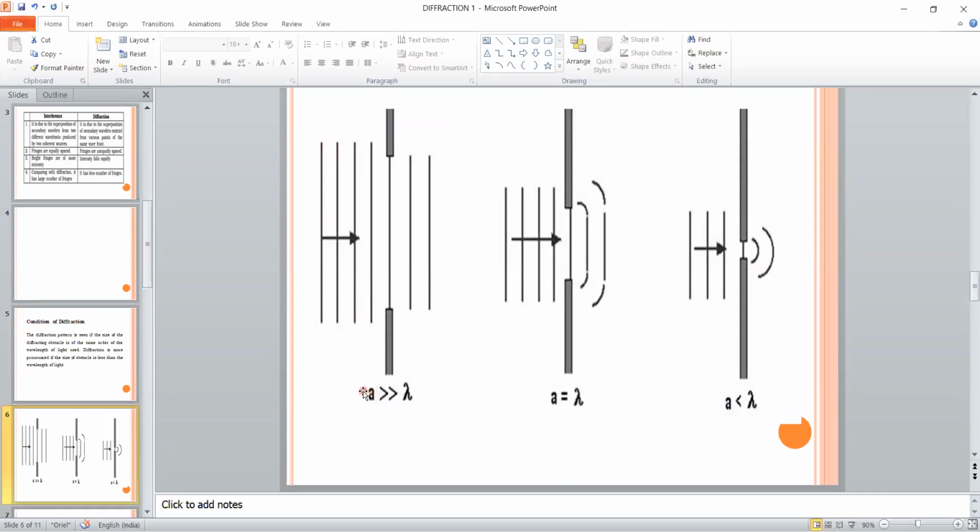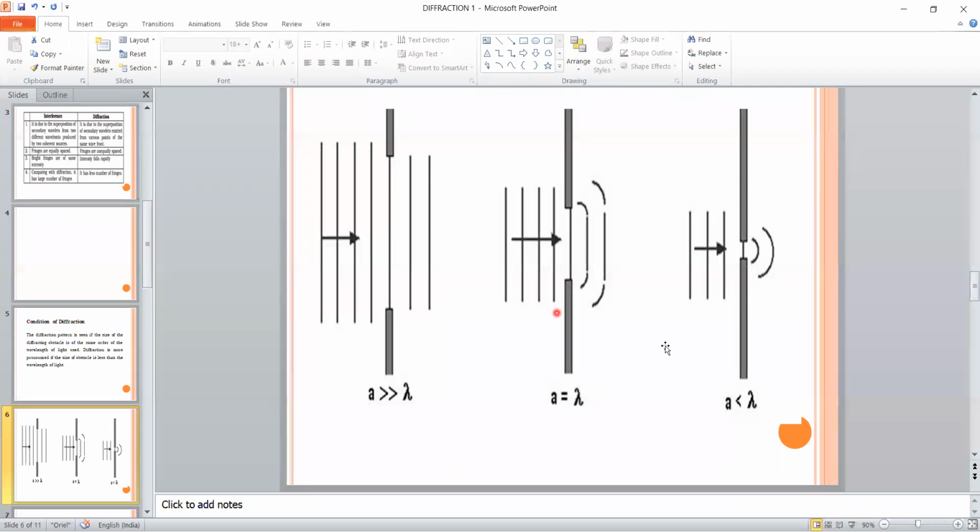So when the obstacle width A is much greater than the wavelength of the light, then after the obstacle, there is no good formation of diffraction.